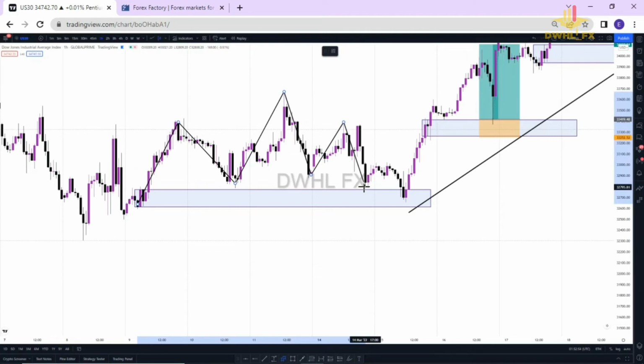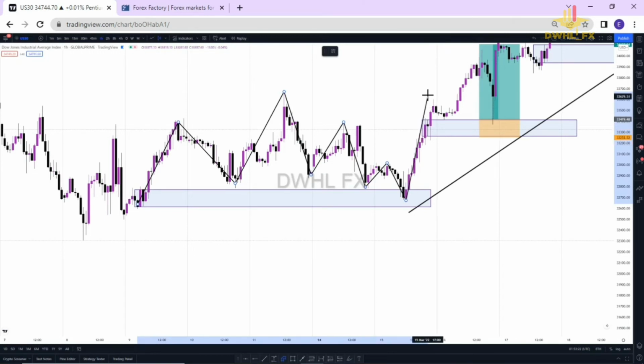We'll have a retracement or a pullback, and price created a lower high. Now that there's a lower high created, what are we expecting? We're expecting price to create a lower low, but this lower low couldn't break this structure, so we saw price trending to the upside to create a higher high.